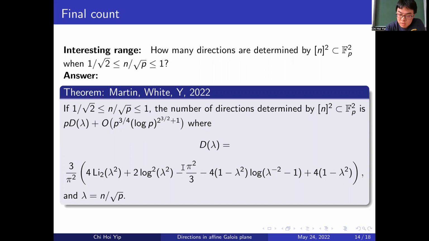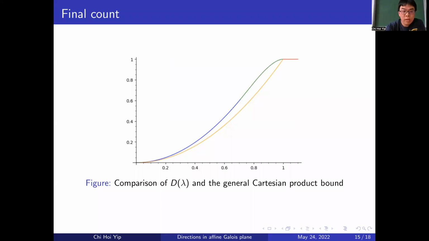Perhaps it's best to look at the figure because this is very complicated and abstract. Okay, so this is a figure comparing our bound with the general Cartesian product bound. The orange curve is the Cartesian product bound, which corresponds to the parabola lambda squared.